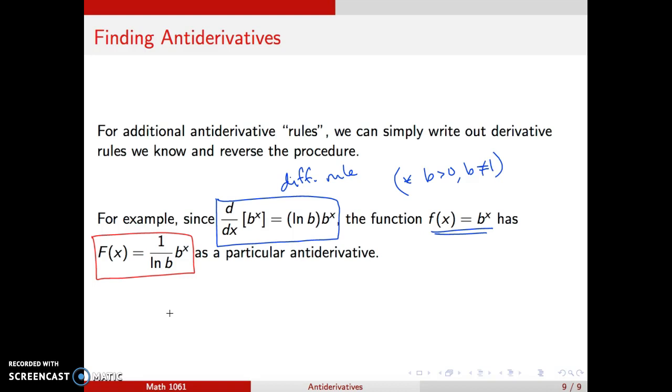All right, so that's all we've got for you at this point. So antiderivatives, maybe think of it as a reverse derivative, or antidifferentiation as reverse differentiation. The idea is you want to find a function whose derivative is the function you're given. So you're working backwards. We'll be spending a lot of time with this moving forward, so we're just getting our feet wet, just getting started at this point.